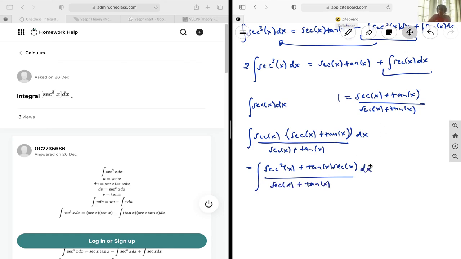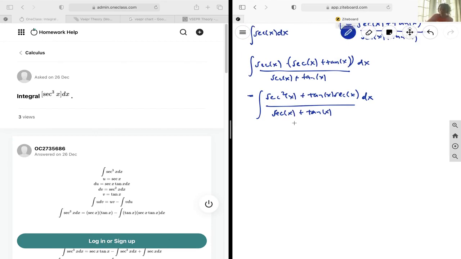And then we go about solving this by setting u is equal to tan x plus secant x, which means that du over dx is going to give us secant x multiplied by tan x plus secant squared x, which is exactly what we need for it to cancel, because this will mean dx is equal to du over all of that.